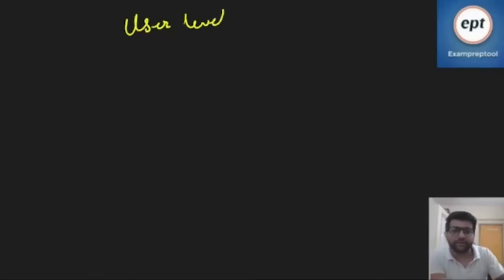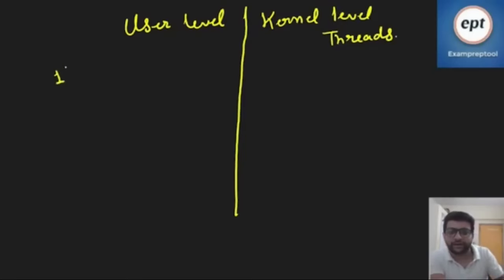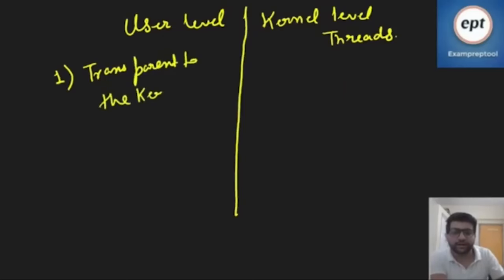We have user level threads and we have kernel level threads, right? So we know that the user level threads are transparent to the kernel, which means they are not known to the kernel, right?